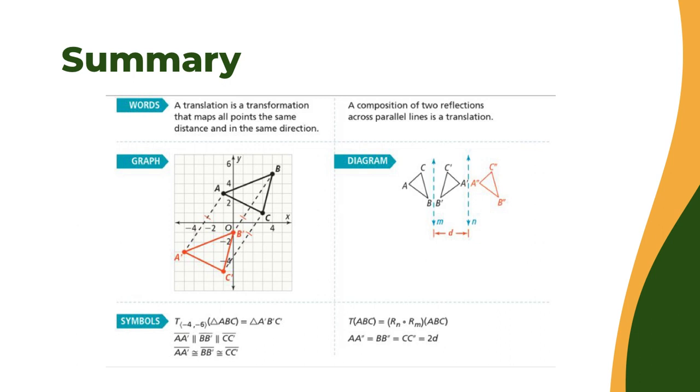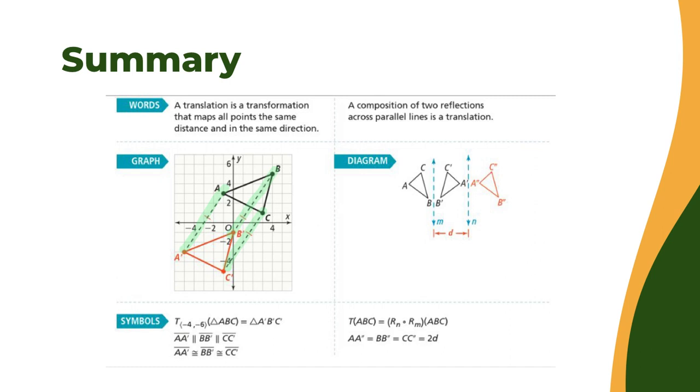And the distances from the pre-image to the image, all of those segment lengths, notice this one, and this one, and this one, will have to be the same length because you have to move up and over the same amount.